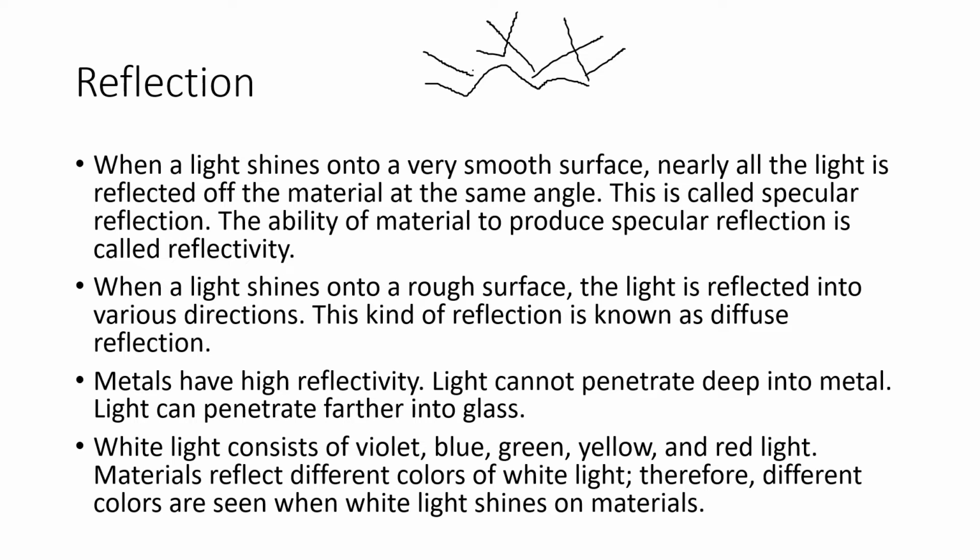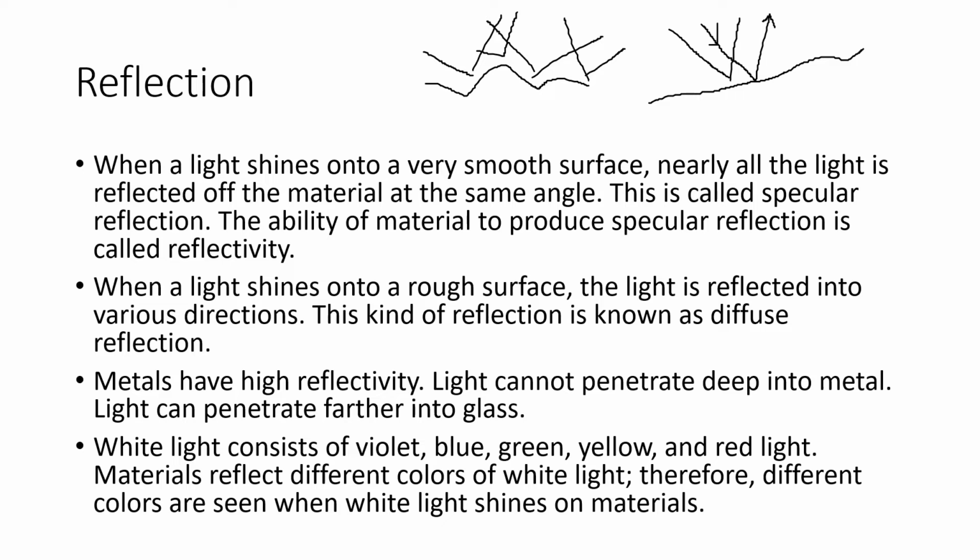That's what we call reflection in various directions. For a really smooth surface, the light goes straight and reflects at the same angle, so you can put the arrow like this. It's the same thing. Smooth surface and rough surface.